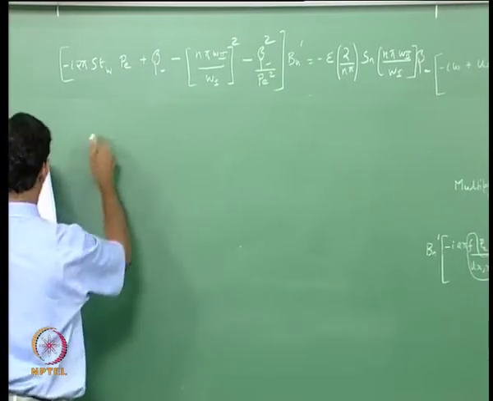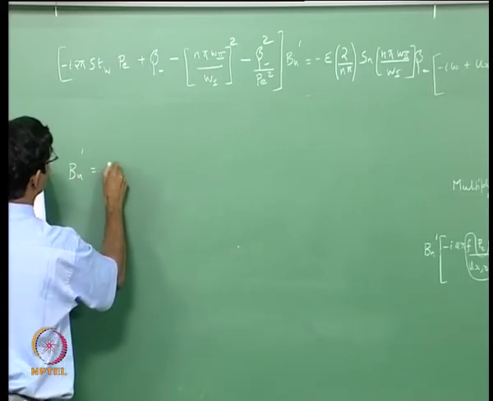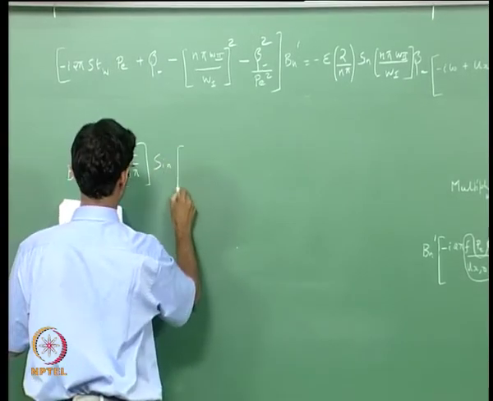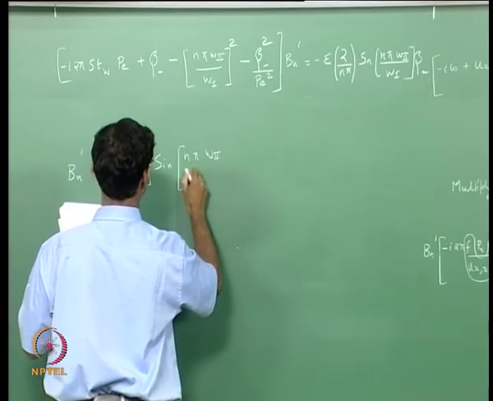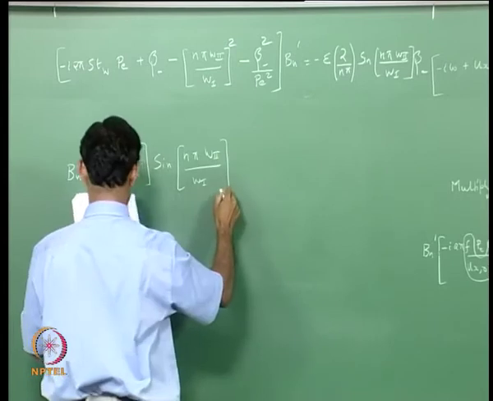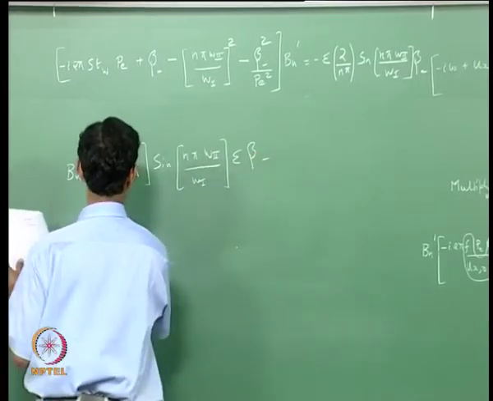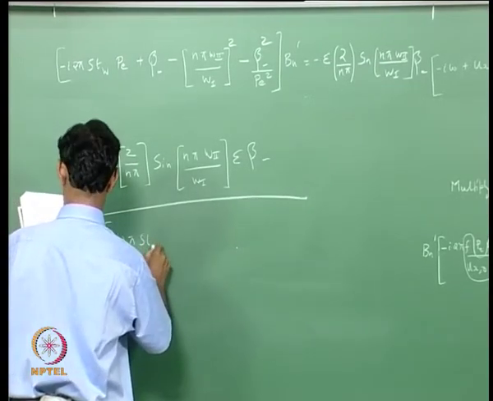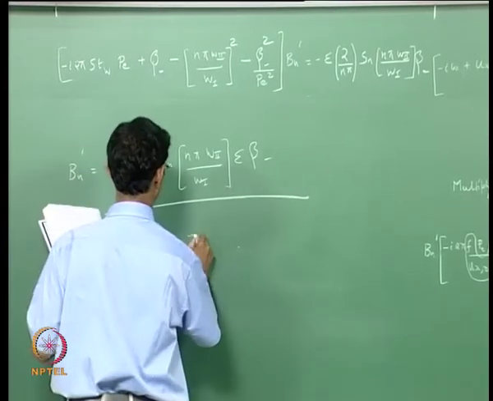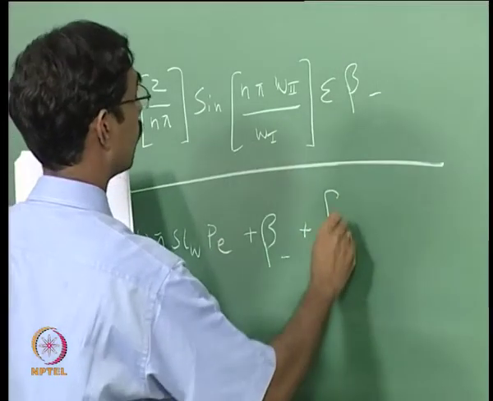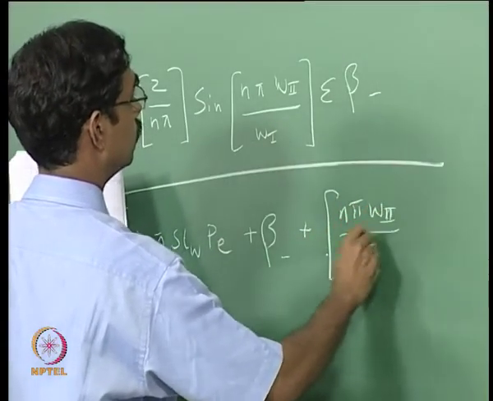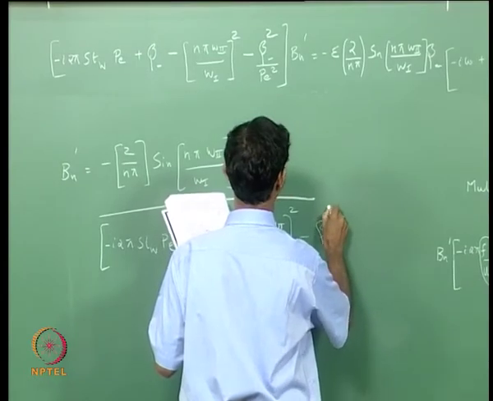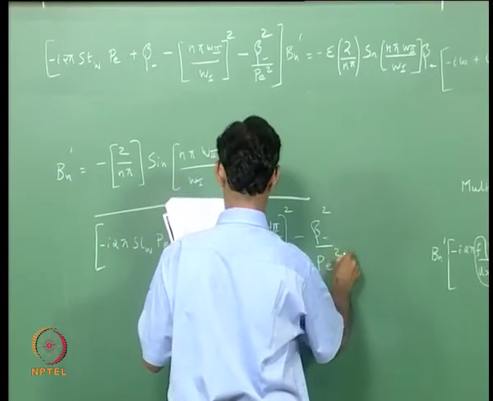So we can just cross multiply and get Bn prime equal to minus 2 over n pi sine n pi W2 over W1 into epsilon beta minus whole divided by minus I 2 pi STW Pe plus beta minus plus pi W2 over W1 square minus beta minus squared divided by Pe squared.